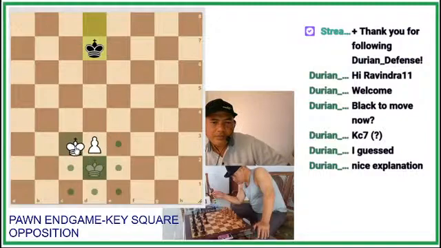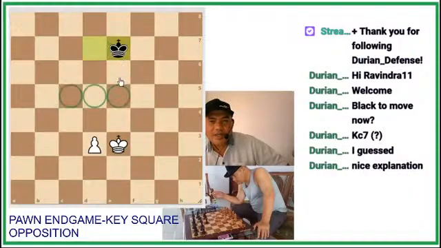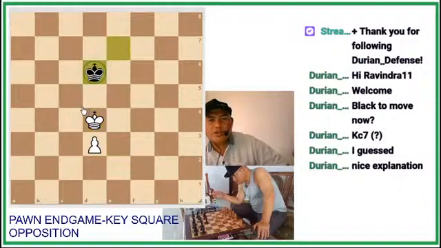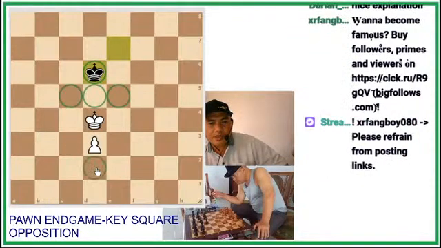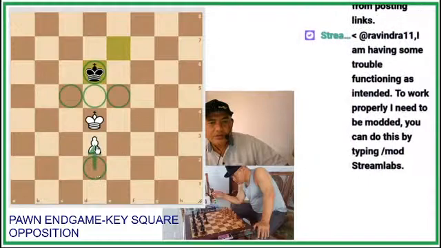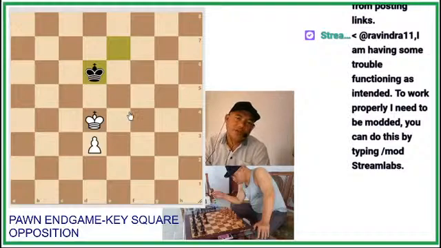Now when white moves here, black will get the opposition. If white moves here, black can have the opposition. If white moves here, black can get the opposition. So this is a draw because, as we saw before, the pawn is here, and white does not have an extra move in this position.